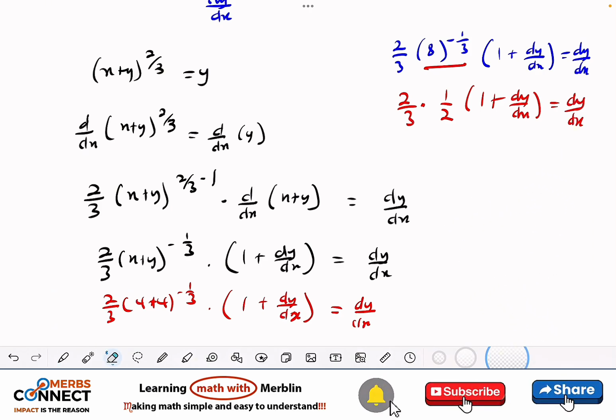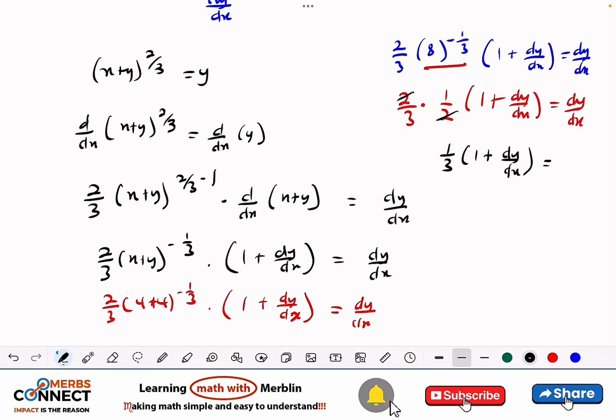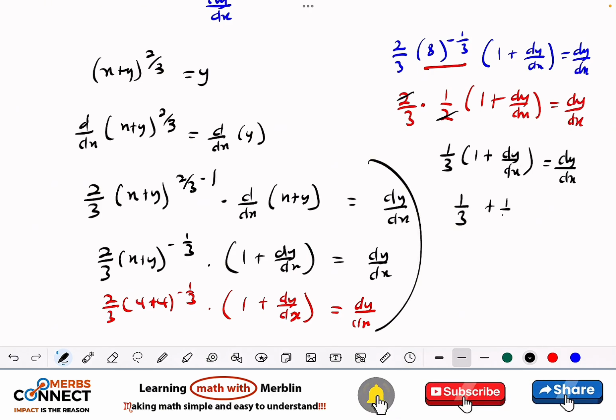And then from there, I can cancel the 2. So I'm going to have 1 divided by 3, 1 plus dy over dx, which is equal to dy over dx. Multiply through by 1 over 3. So 1 over 3 plus 1 over 3 dy over dx, which is equal to dy over dx.